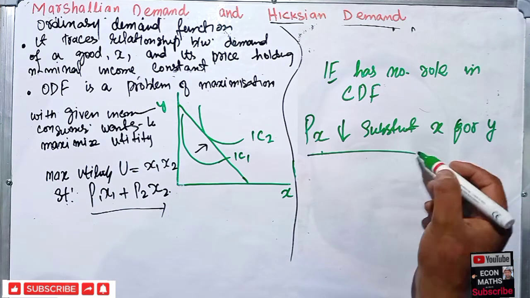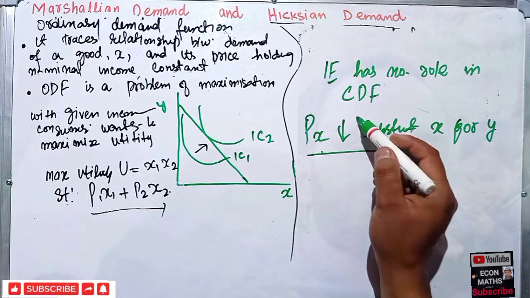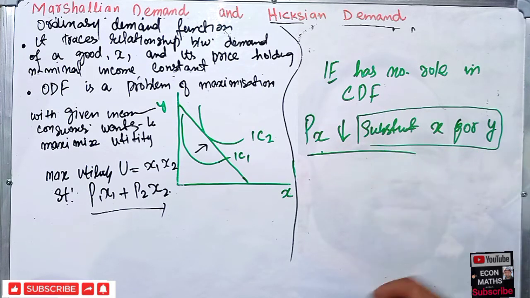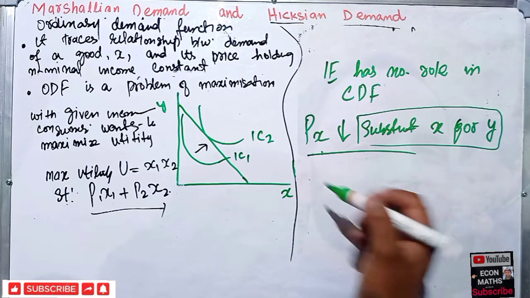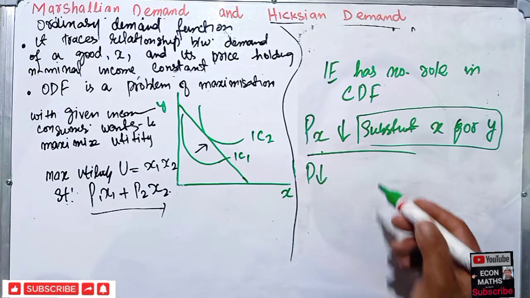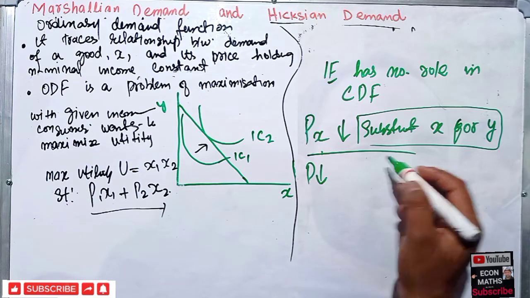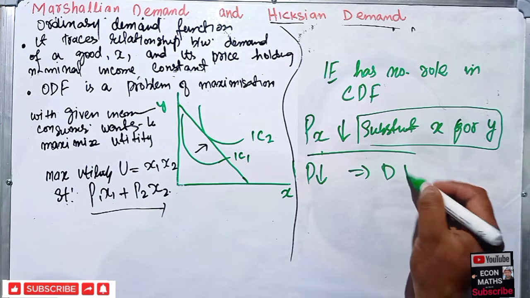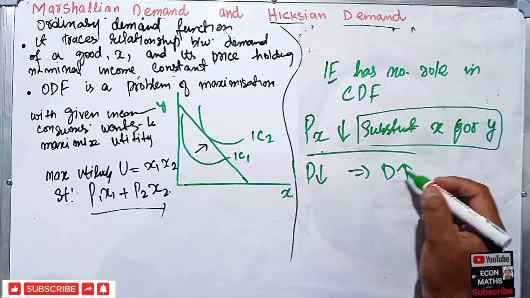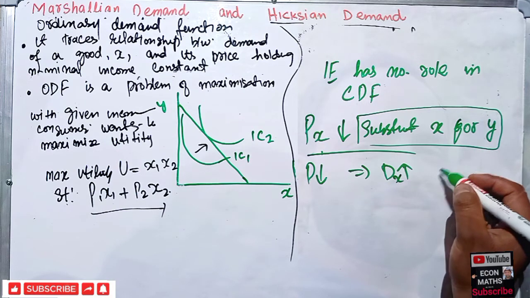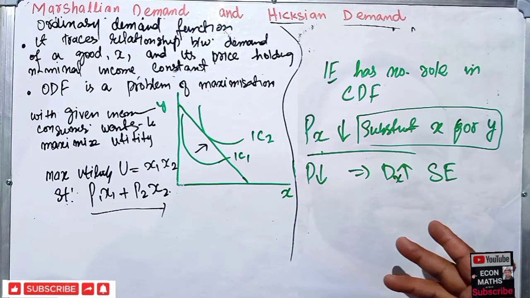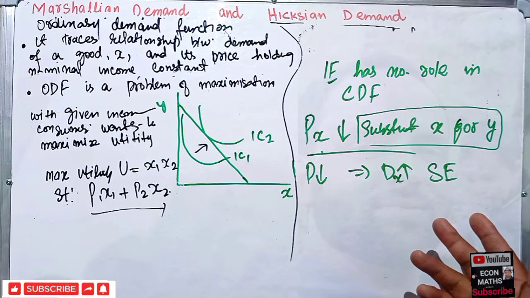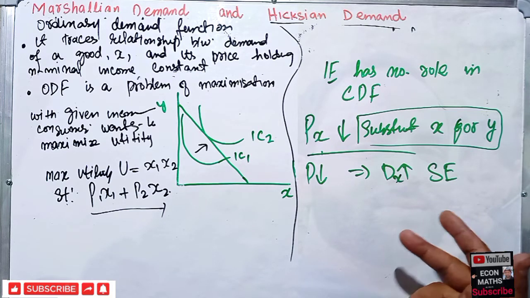As I have told you, if price decreases, the consumer can substitute x for y because x is now relatively cheaper than y. So with a decrease in price, demand for the good will increase. Demand for the product will increase. That means the substitution effect will take place in the compensated demand function.